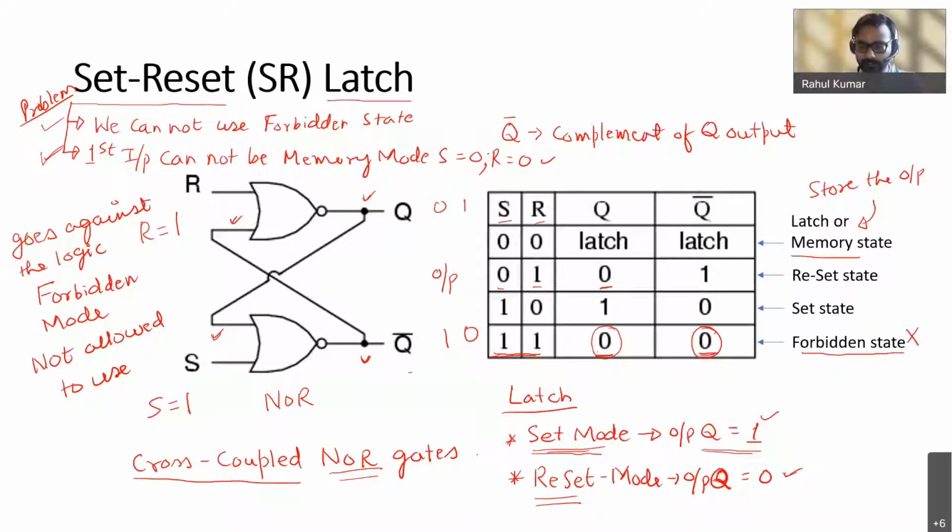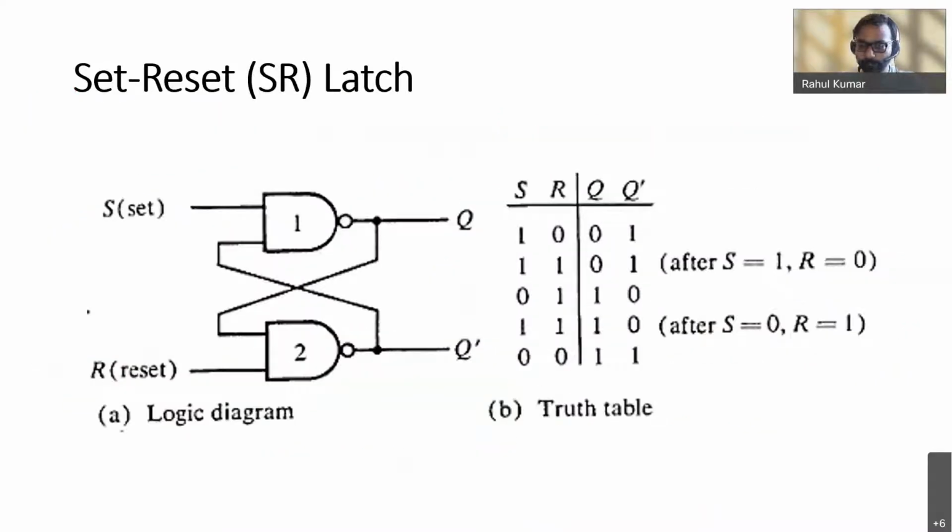Okay, but before we go on to solving this problem, there is another type of SR latch, which is this one, which uses NAND gate. Okay, which uses two cross-coupled NAND gates.